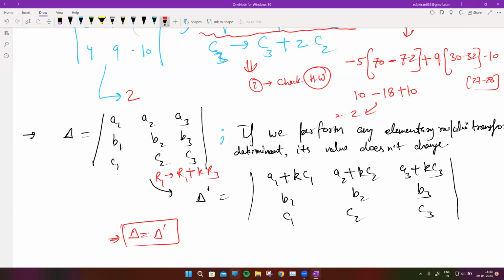So we can use these 6 properties to find out the values of some determinants. Now let's understand one thing before we proceed. Sometimes we have to solve the determinant, and sometimes it will be written to find the value, or prove that this determinant is equal to this, without expanding.